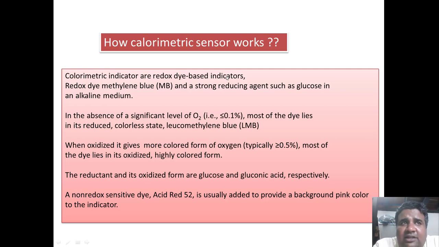Then I explained that the reason was the redox potential, and redox potential is something that is contributed by the oxygen concentration of the product. So if microorganisms are available in the food product, then the redox potential will be affected. These dyes are stable at a particular redox potential.